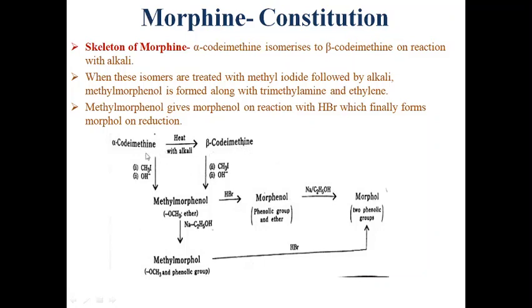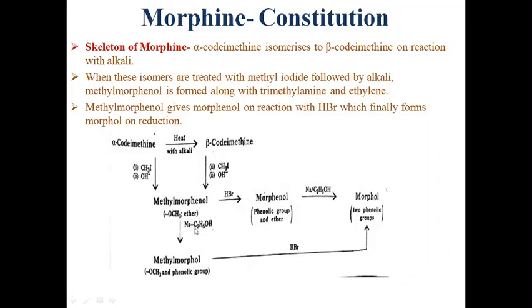Both of these, on reaction with methyl iodide followed by hydrolysis with alkali, form methyl morphinol along with trimethylamine and ethylene. This methyl morphinol contains a methoxy group and an ether linkage, still retained in methyl morphinol.